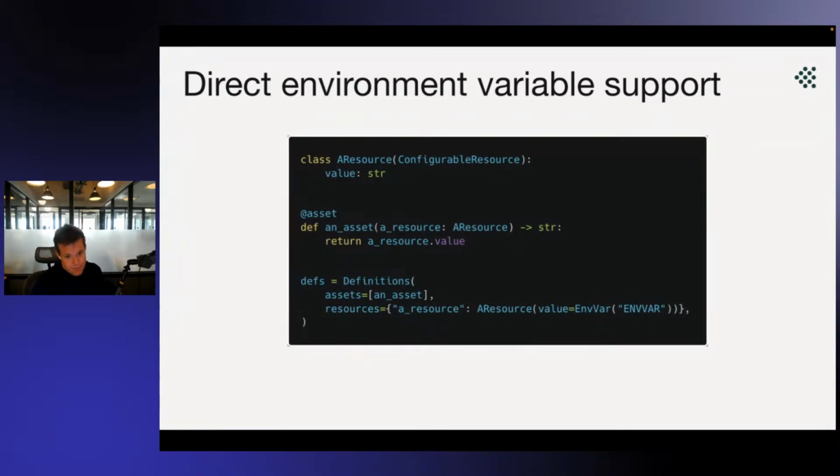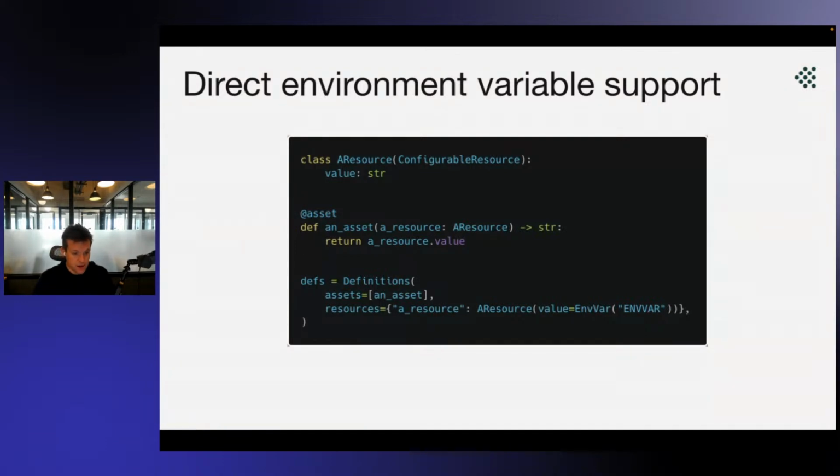Other changes in support here. We also have direct support for environment variables. So this is fairly clever. You can actually, on the definitions side, set the string to this special thing called EnvVar, which passes type checking. But then our system actually replaces it with the value of that environment variable before it gets passed at runtime to the asset.